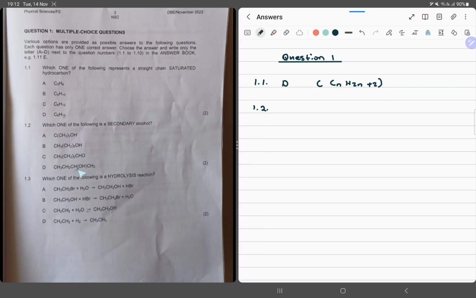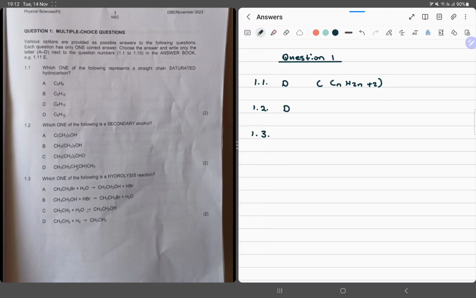This tells us that this OH is attached to this carbon because the last carbon has enough hydrogens on it. So this is definitely a secondary carbon bearing the OH group, and this makes it a secondary alcohol. So 1.2 is also D.